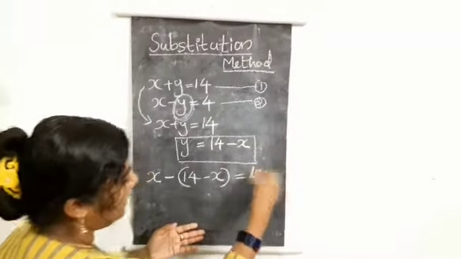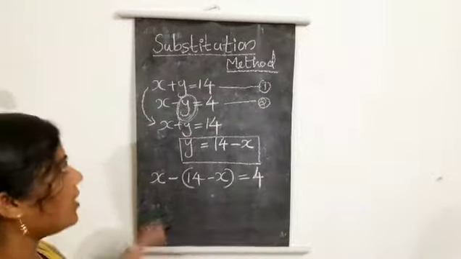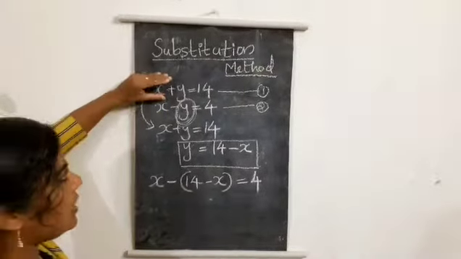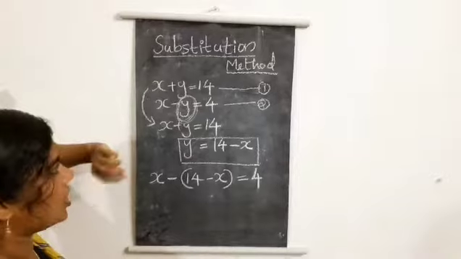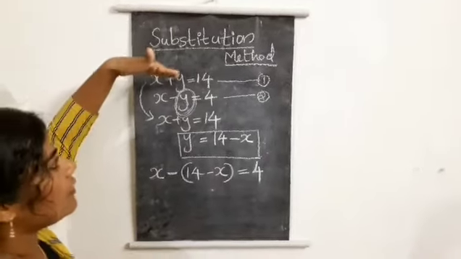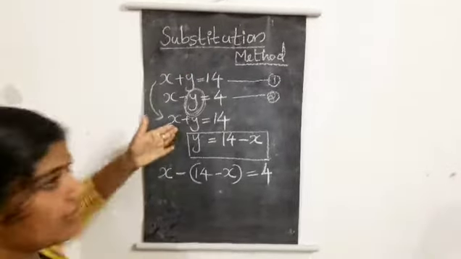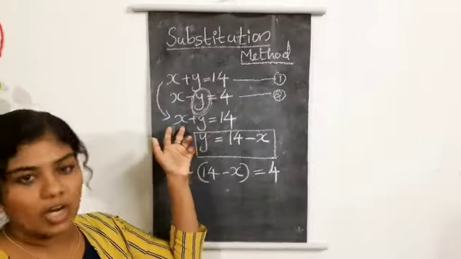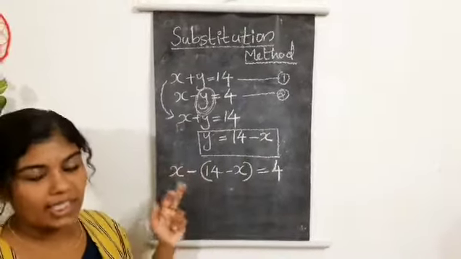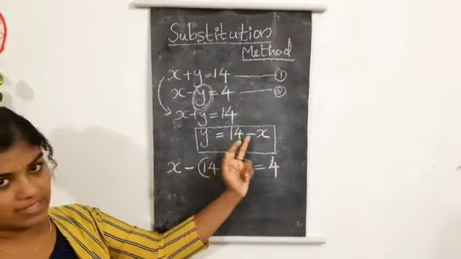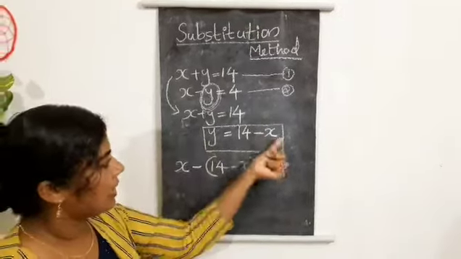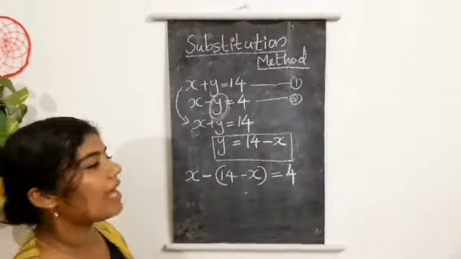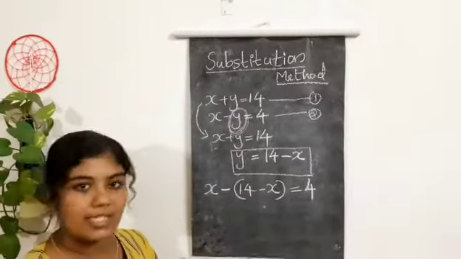So what we did till now is that first we took our two equations, the first linear equation and the second linear equation. After that we took the first equation again and from it wrote y in terms of x. We made a rectangle here to notice that value, y equal to 14 minus x.